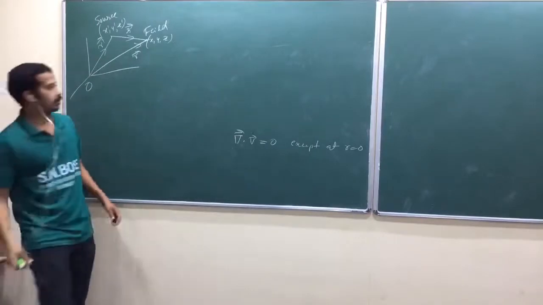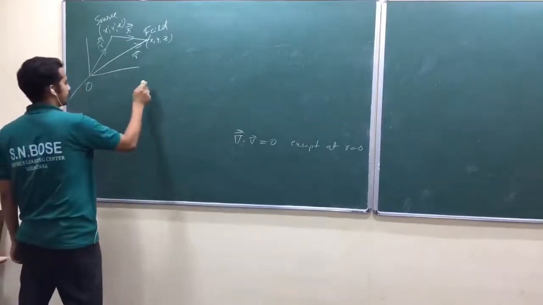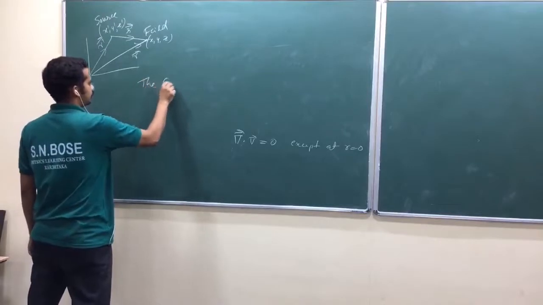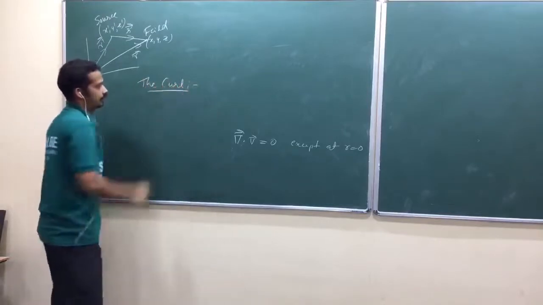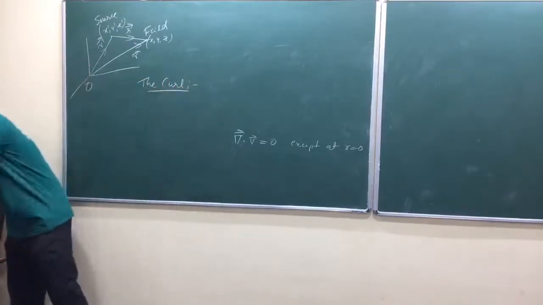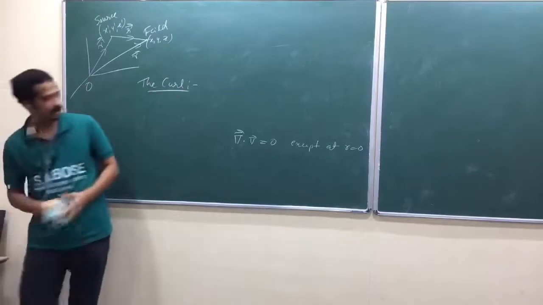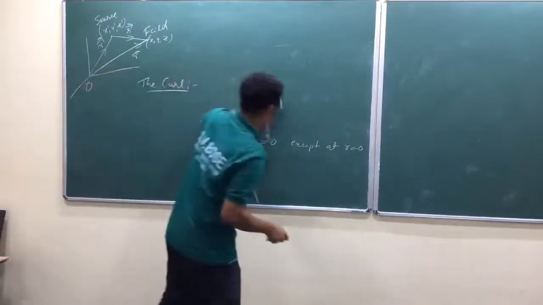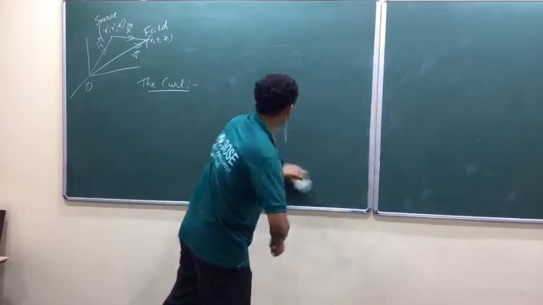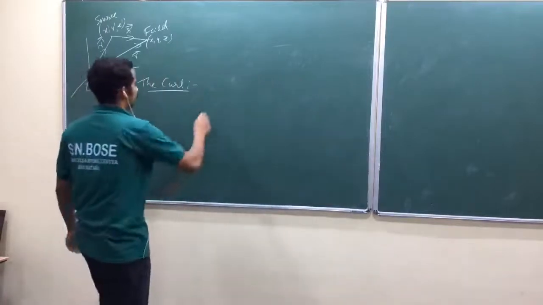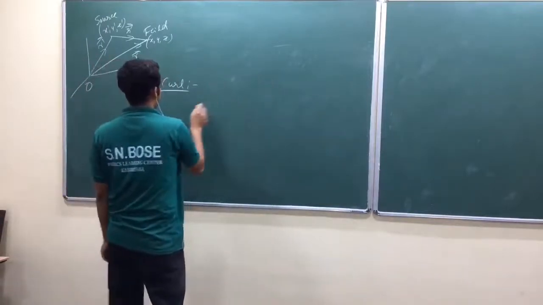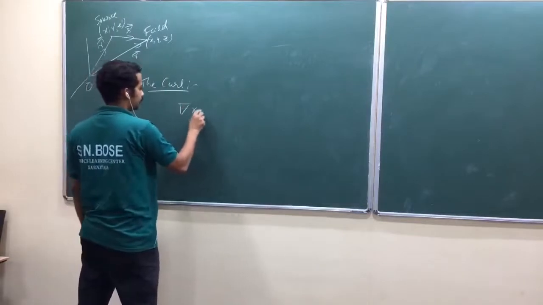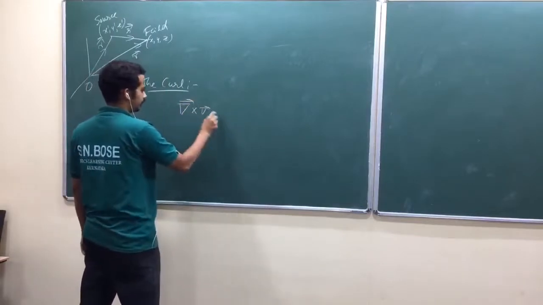So now curl. Curl of the vector field: we are going to write del cross v, okay, v is the vector field.